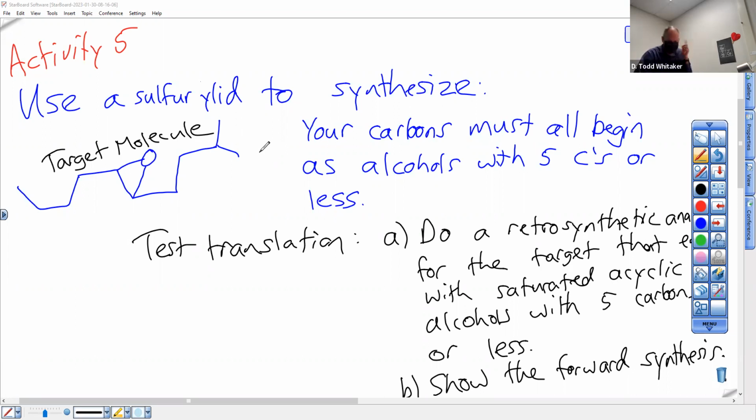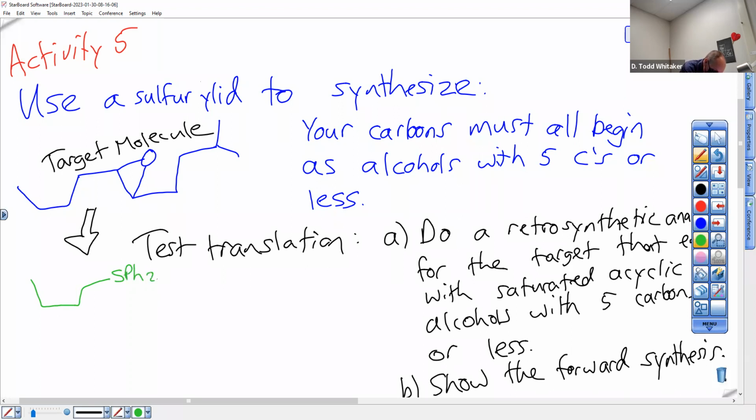So in keeping with my theme from the last one, I think I had the ylid on the left and I had the carbonyl on the right. Just left, right for my discerning. And we'll do retro in black and molecules in green. So we wanted the sulfur ylid to be here.